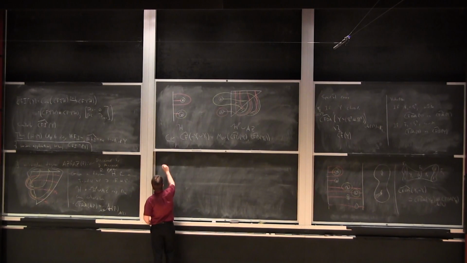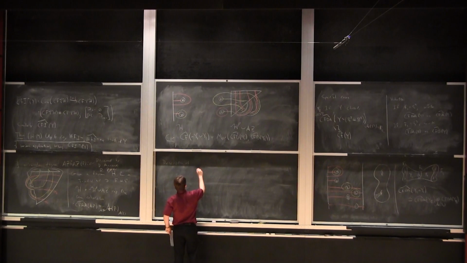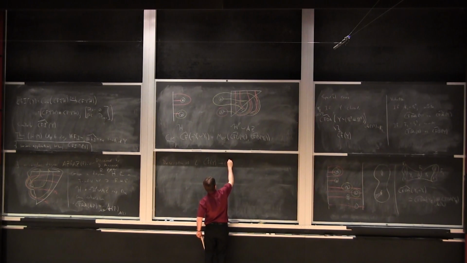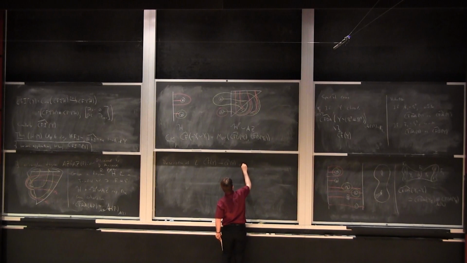Okay, so a description of this involution iota from CF hat of y to CF hat of y using bordered Floer.